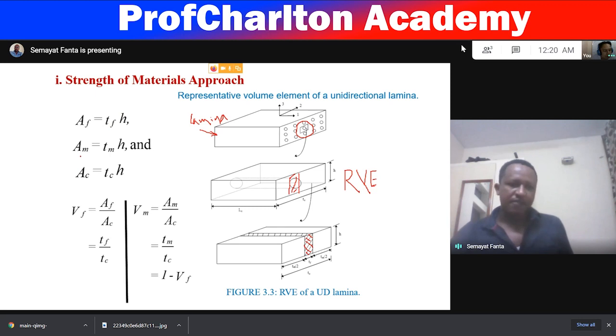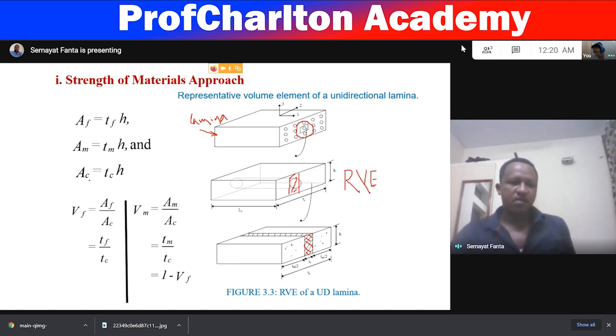Again, area of matrix is thickness of matrix times this height also, and total area is thickness of composite, from here to here, times height. So we are considering all these areas.